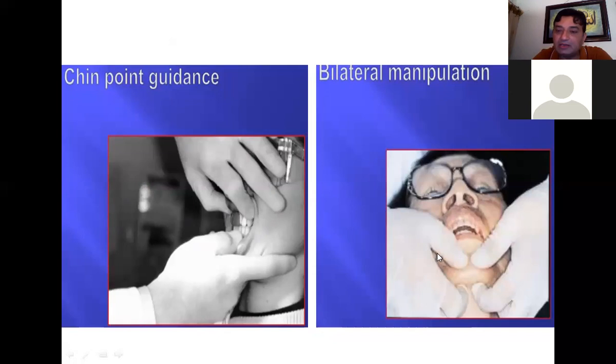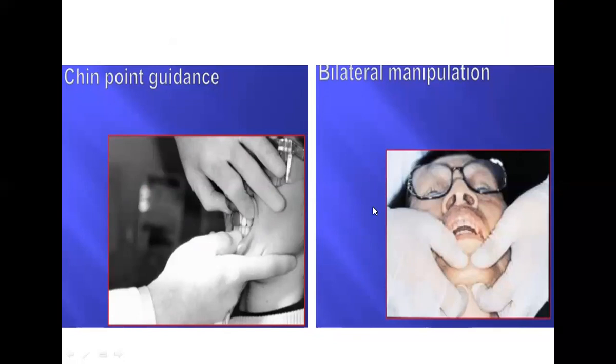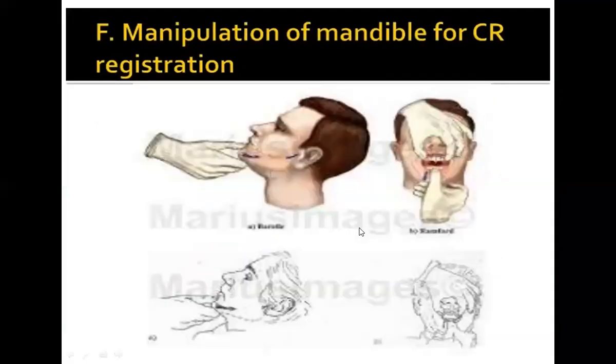I discussed this last time, where you place the thumb and where you place the four fingers. Then you will be able to guide the patient's jaws. So this is the manipulation of the mandible for centric relation registration.